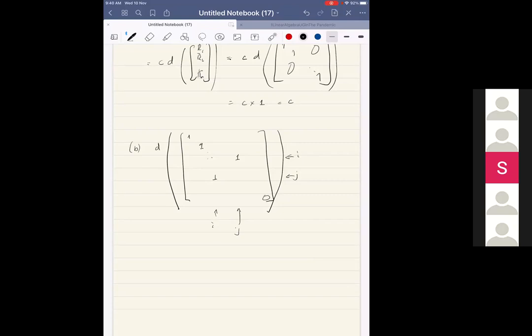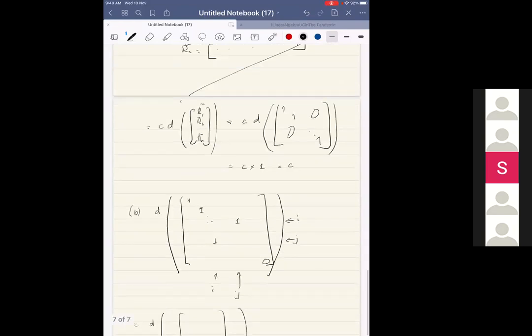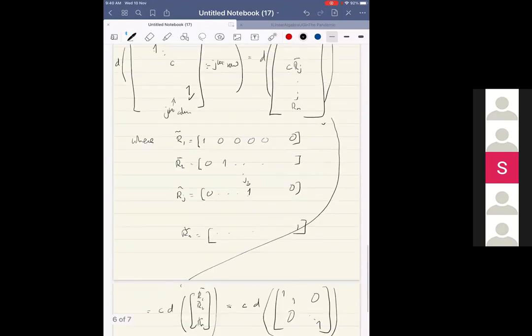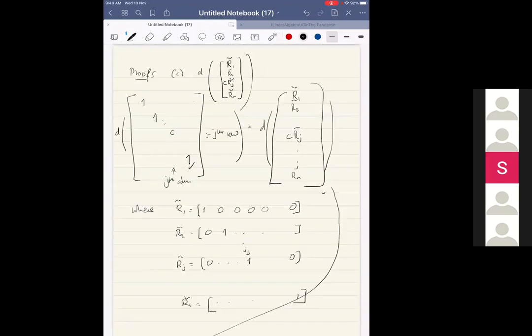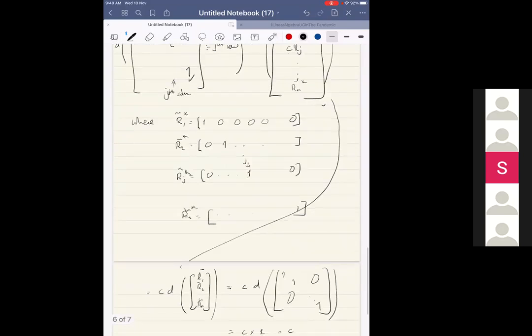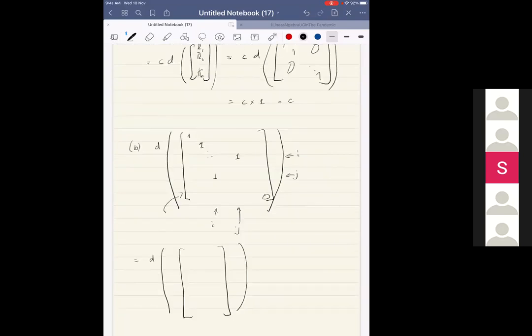Okay, so this is equal to, see, let me call these standard row vectors R1 star, R2 star, Rj star, Rn star. Put a star here. So this matrix, tell me how to write this in terms of the R stars.